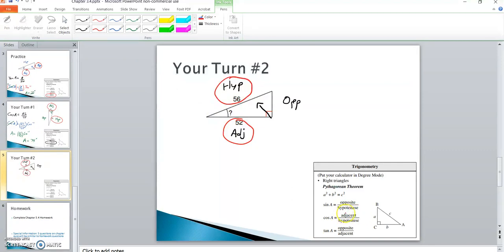So I have adjacent and hypotenuse. So again, I'm looking for cos A. And my adjacent is 52 over 56. So at this point, I would like you to try to do the next 2 steps. You are going to have to cos minus 1 both sides, and then punch it into your calculator.